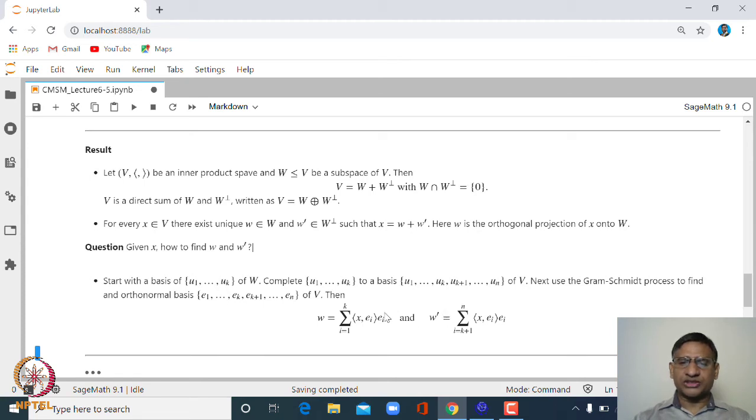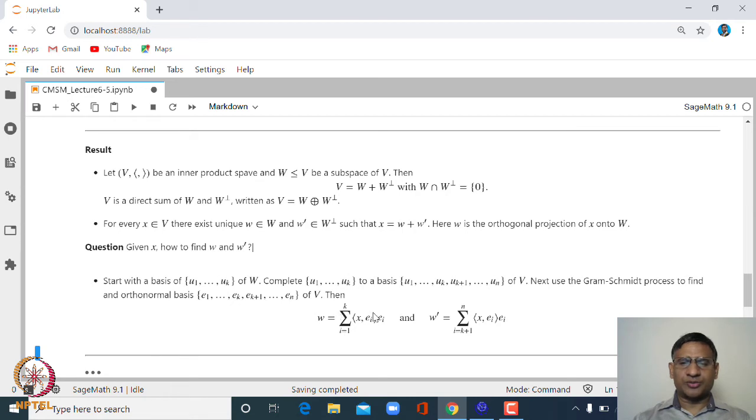The Gram-Schmidt vectors we obtain, E1, E2, ..., Ek, will lie in the linear span of u1, u2, ..., uk, that is, in W, and the rest will lie in the orthogonal complement.